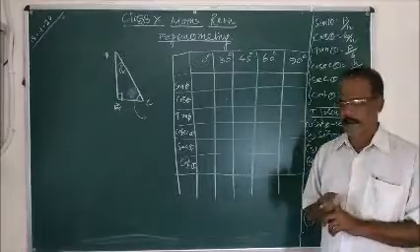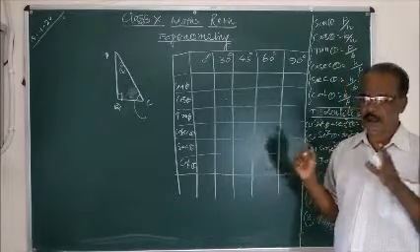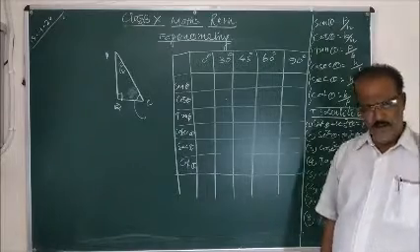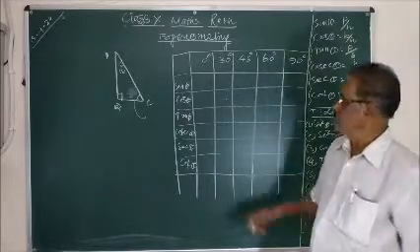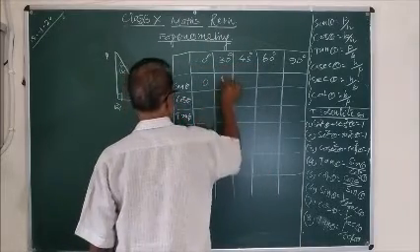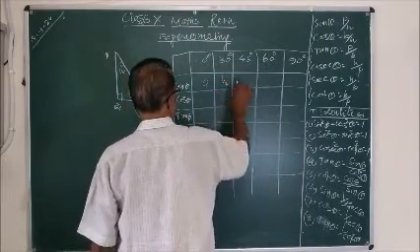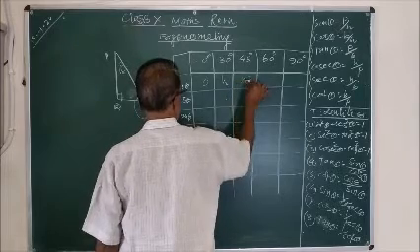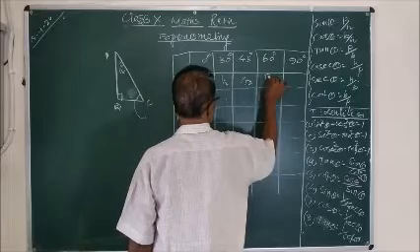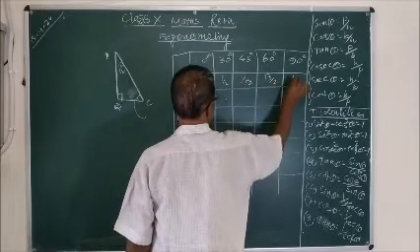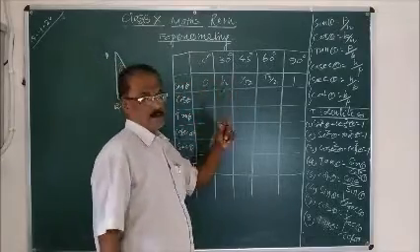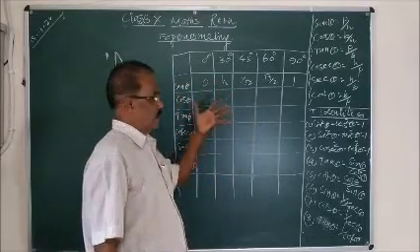Trigonometry is the last chapter for the half yearly examination. I have informed you that chapters 1 to 8 are included. Now sine 0 is 0, sine 30 is 1 by 2, sine 45 is 1 by root 2, sine 60 is root 3 by 2, and sine 90 is 1. I have also given you the derivation.